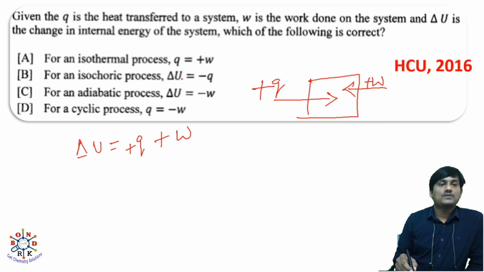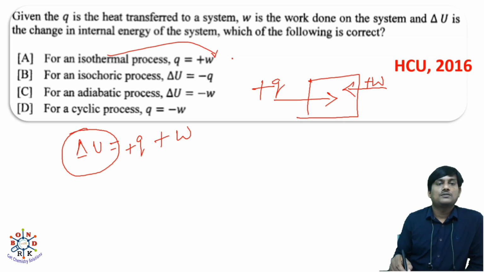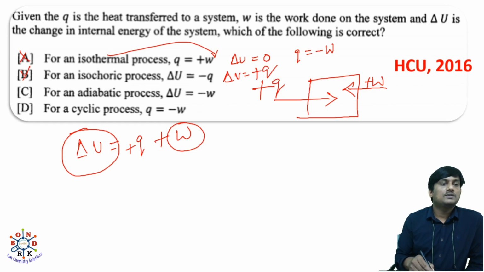For an isothermal process, for an ideal gas, delta U is equal to 0. When delta U is equal to 0, Q is equal to minus W. For an isochoric process, W is equal to 0. When W is equal to 0, delta U is equal to plus Q. So this one is incorrect, this one also incorrect.